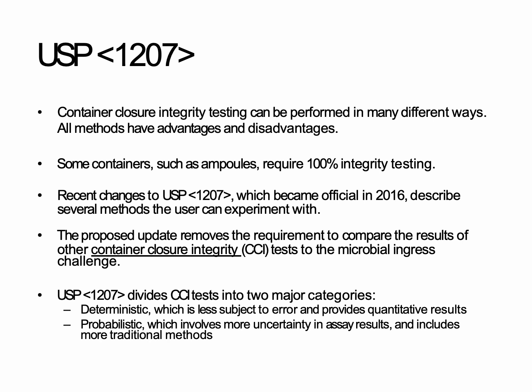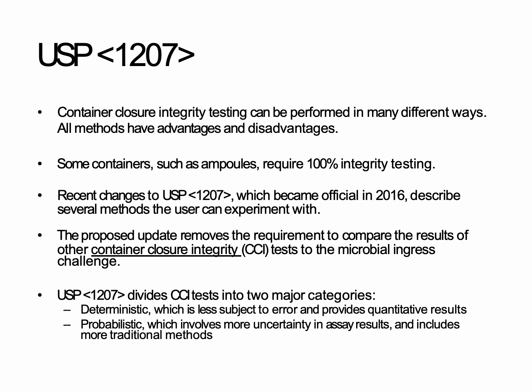Recent changes in USP 1207, which became official in 2016, describe several methods that users can experiment with. The proposed update removes the requirement to compare the results of other container closure integrity tests to the microbial ingress challenges.